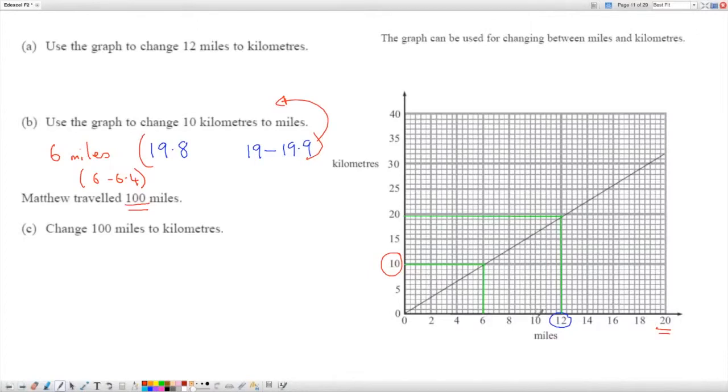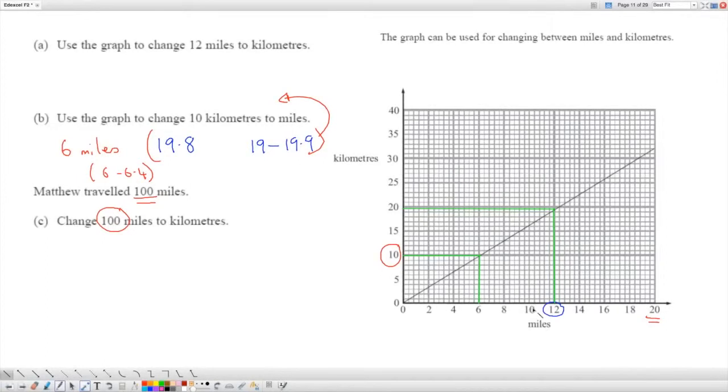So let's have a look at 20, or we could have a look at 10, and we're going to have to multiply to get through to 100 miles. So we take 10 to start with, and draw a line up on our graph from 10. So 10 is just in here, 1, 2, 3, 4, 5, just make sure it's exactly the right place, up to the line. It goes right across at 16, I can see.